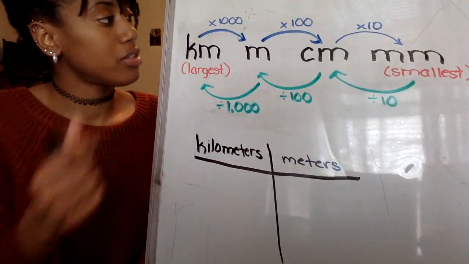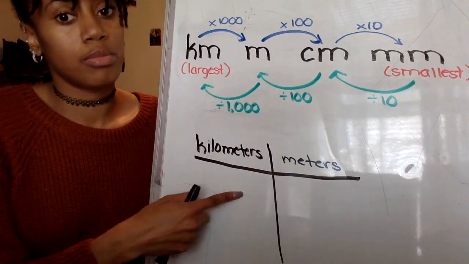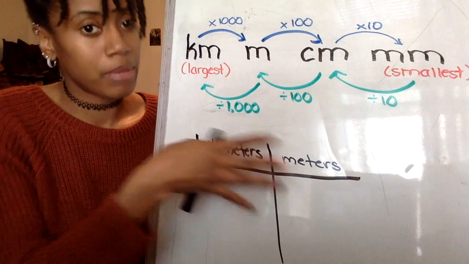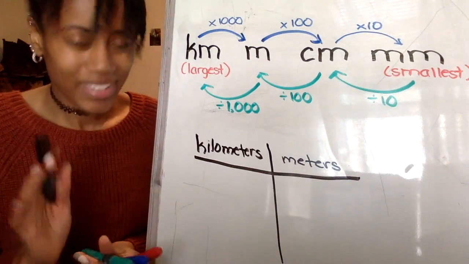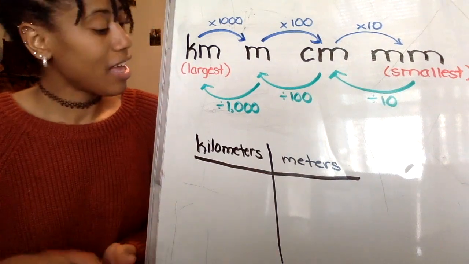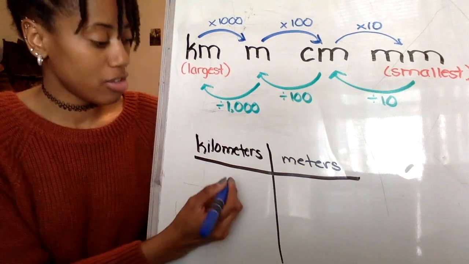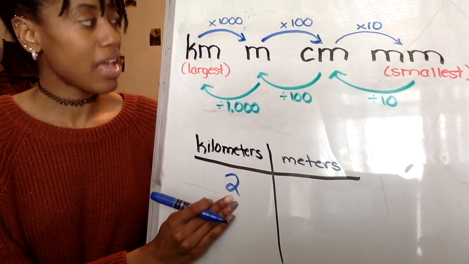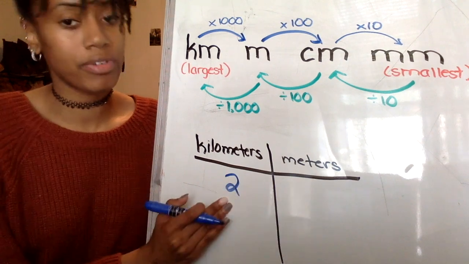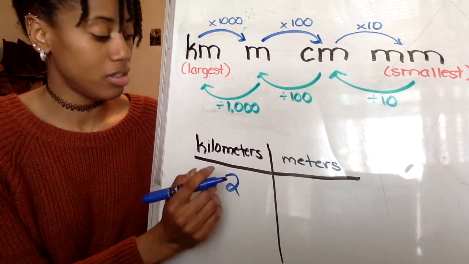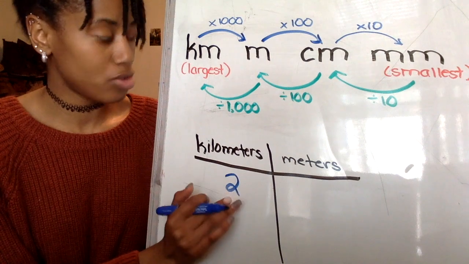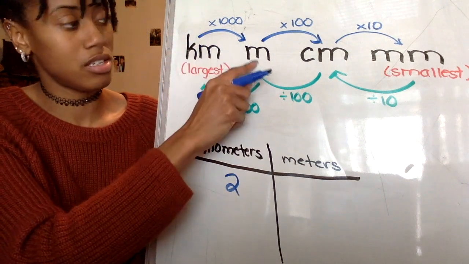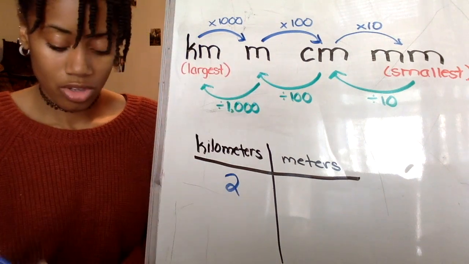Going from kilometers to meters, that's what we're going to do in this little table. I'm sorry, my table's a little crooked, but it's okay. If we had 2 kilometers and we wanted to know how many meters are equal to 2 kilometers, we would multiply this 2 by 1,000 to get to meters.